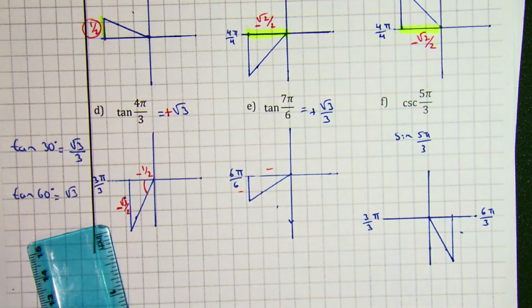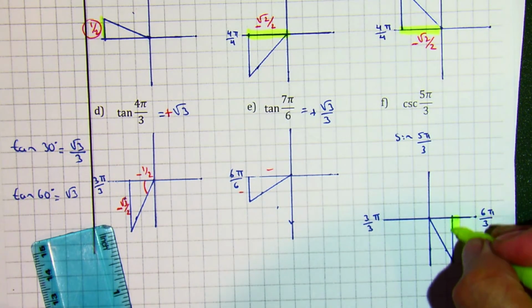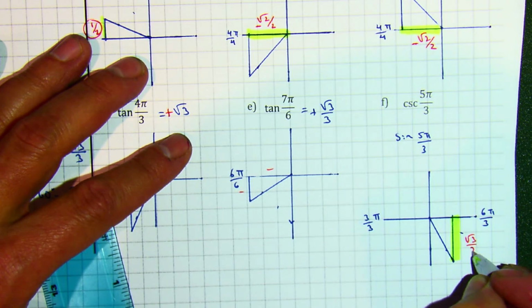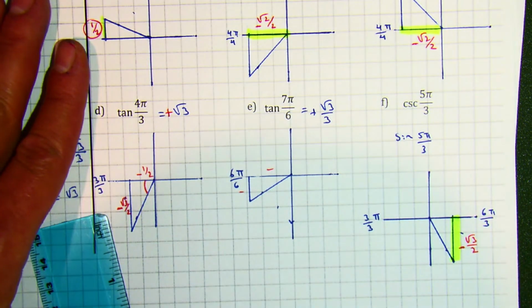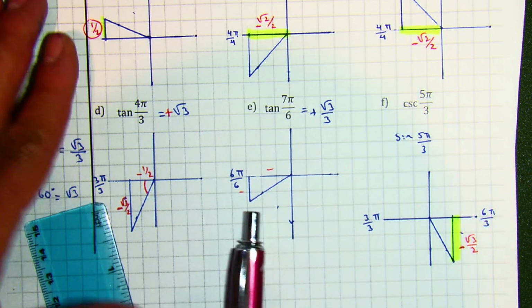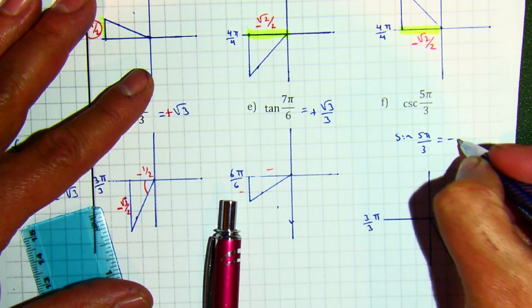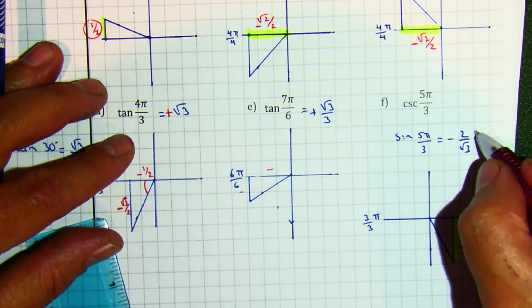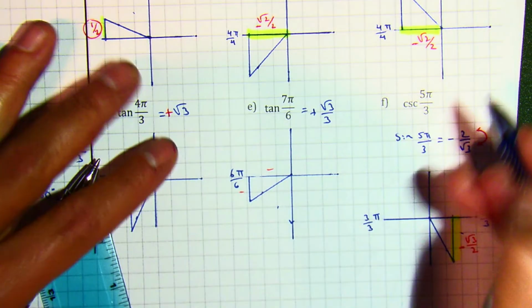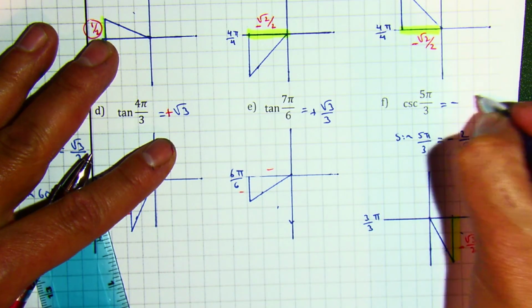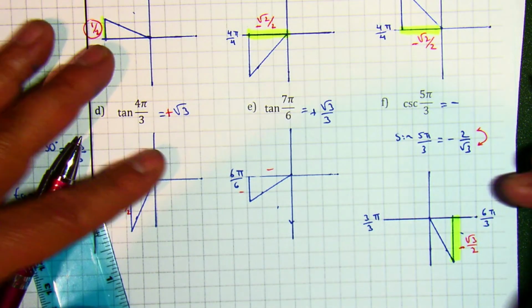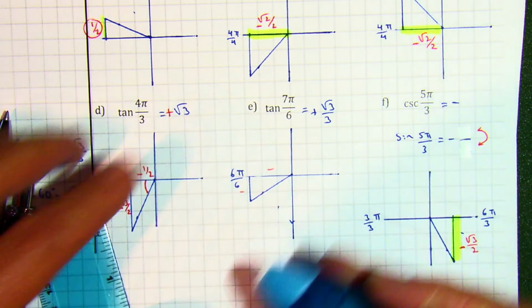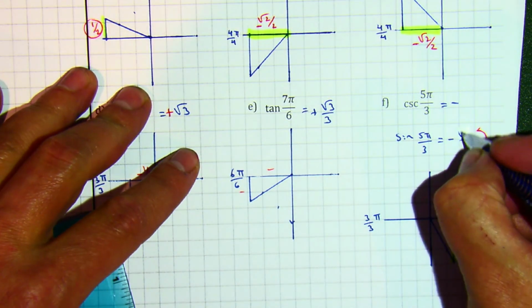Sine is your y value, and the y value is square root of 3 over 2. It's the longer side, and now it's going to be negative because it's going down. So therefore, this is negative square root of 3 over 2.